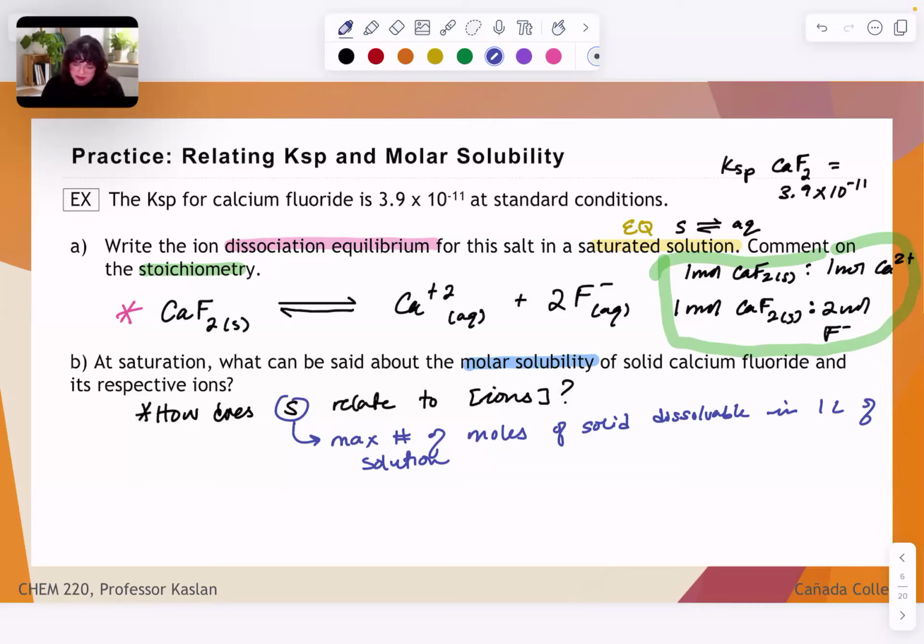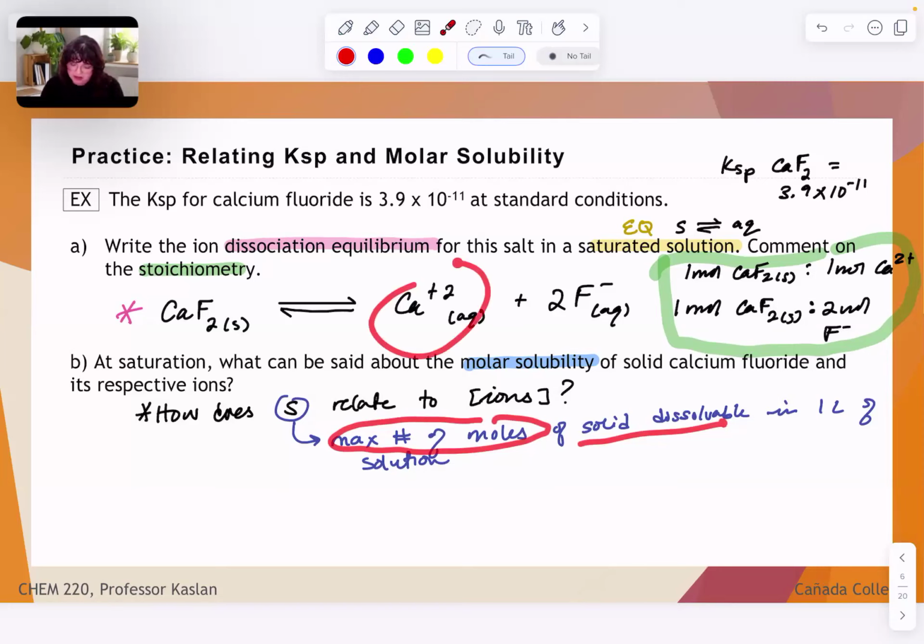So I need to make a statement about the relationship: if I've put some number of moles of solid in water, then I should see these relative mole amounts of ions present in solution.